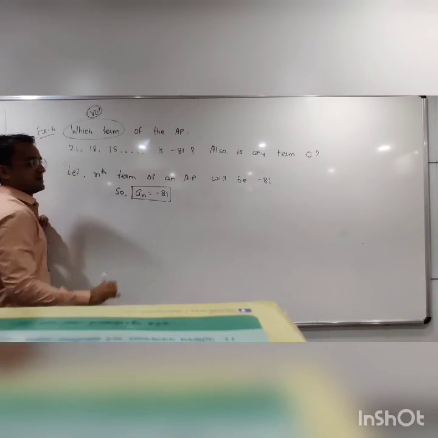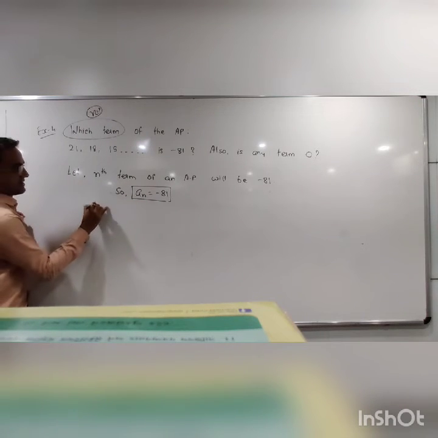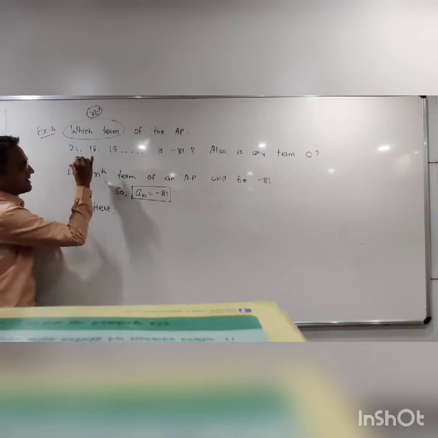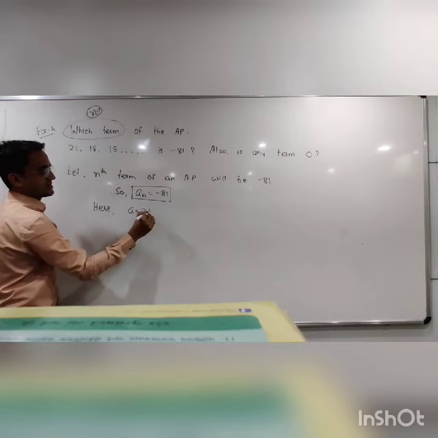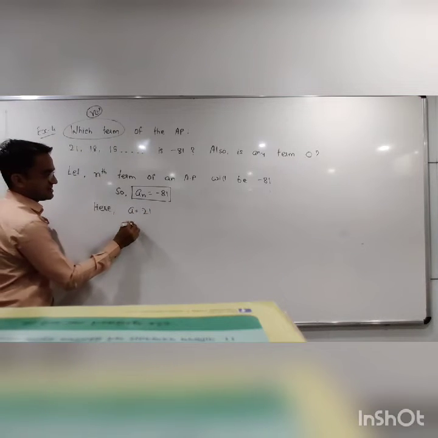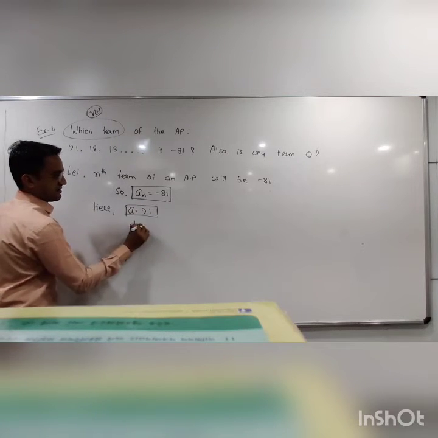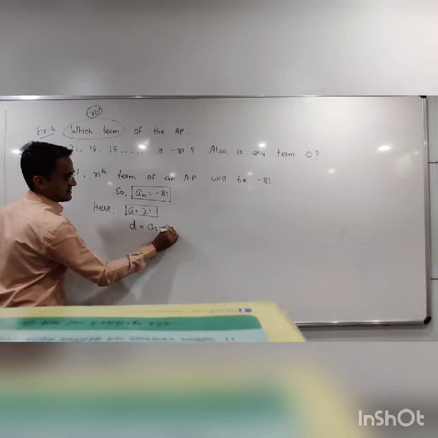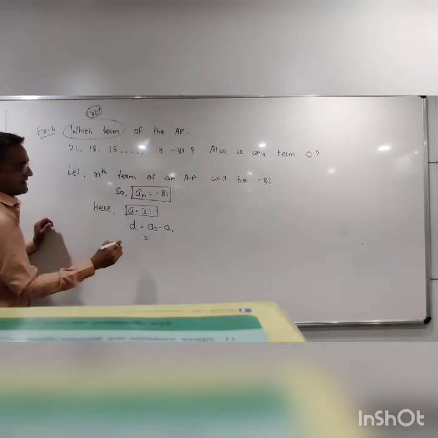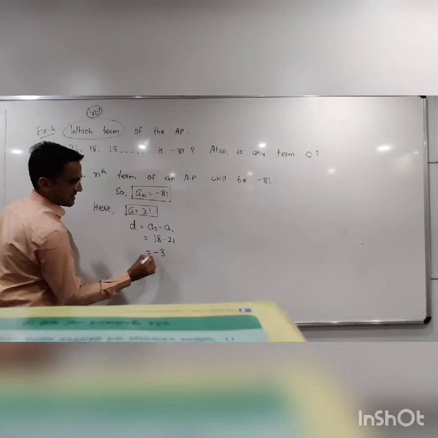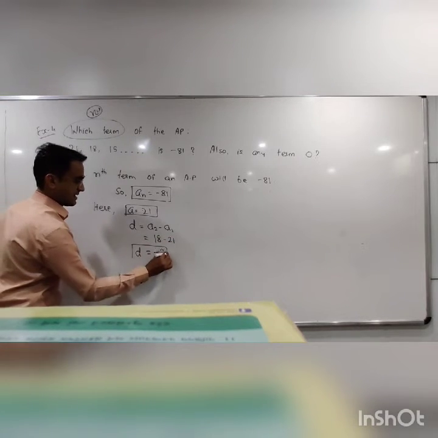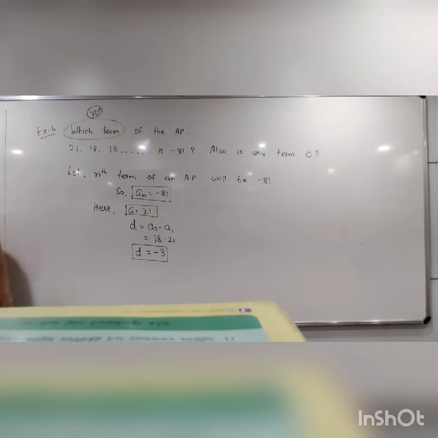Here a means first term. d means a2 minus a1, now 18 minus 21. So it will become minus 3. Clear? Everything I am having.